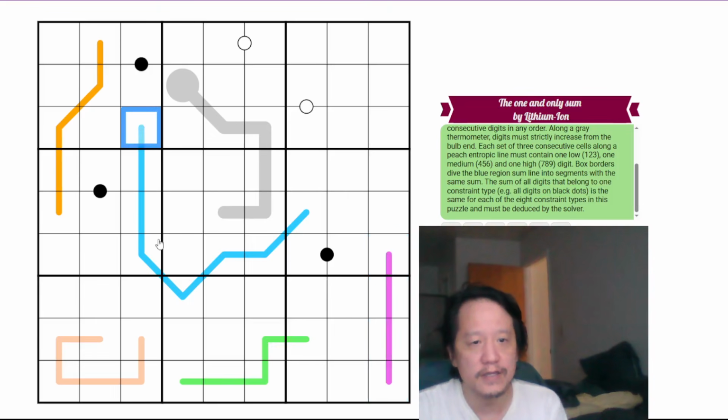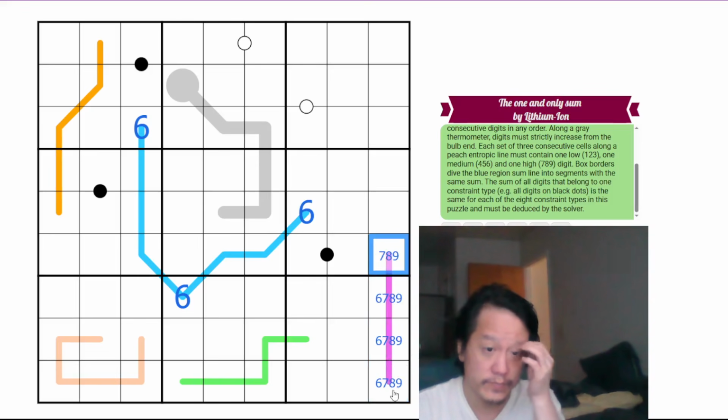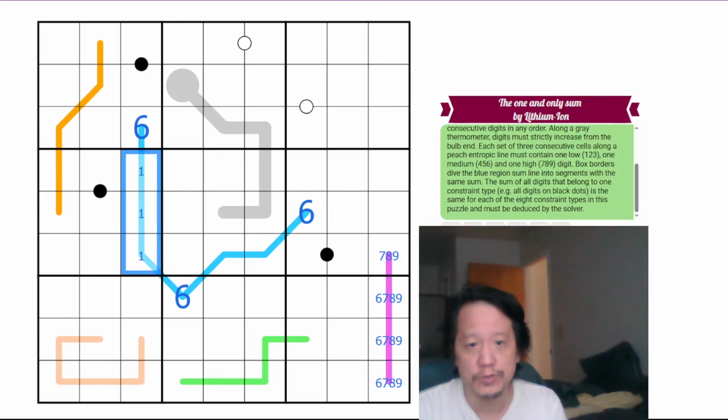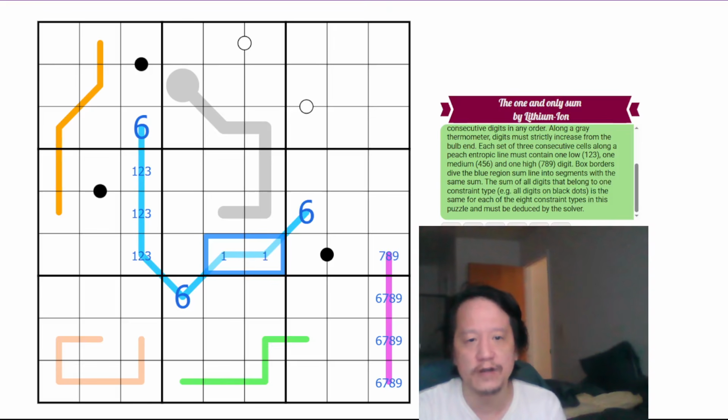These single digits have to be 6. So this is 7, 8, 9. We have 6, 7, 8, 9 here. Obviously no 6 here. This must be 1, 2, and 3 to add up to 6 here. And this must be either 1, 5 or 2, 4 adding up to 6 for the region sum line.